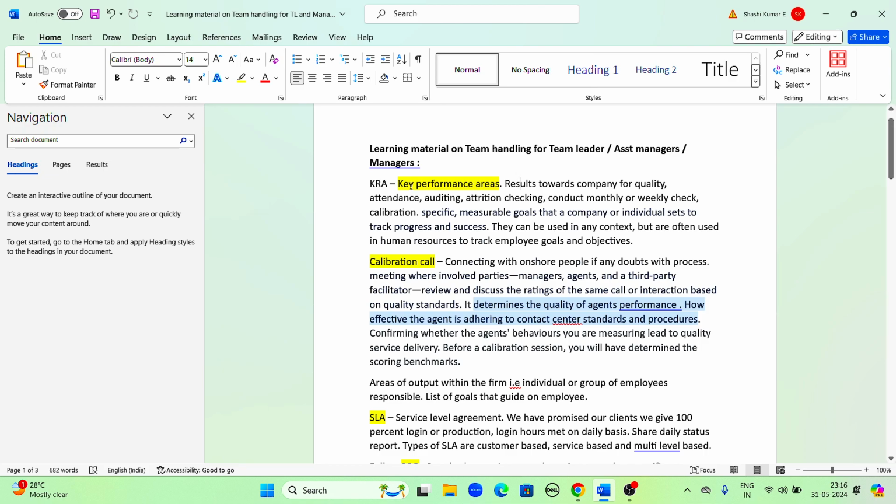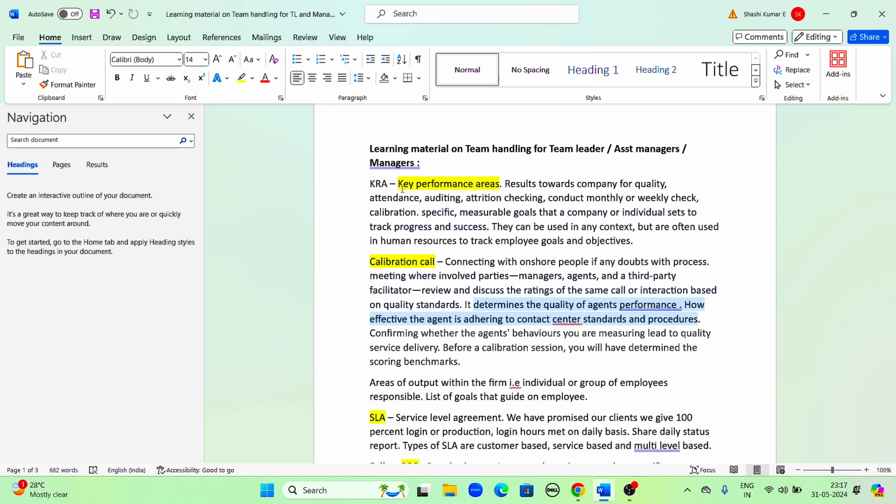So first is KRA. KRA full form is key performance areas. So what does this KRA mean? It is towards quality check, attendance for the whole team, auditing, attrition checking, like what the attrition level is, and conducting monthly or weekly reporting or checking, and calibration.